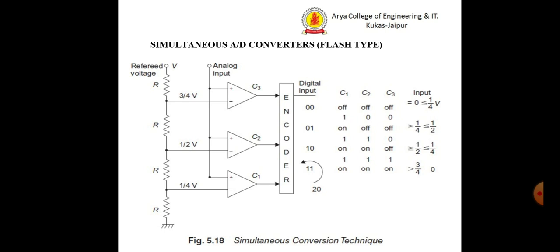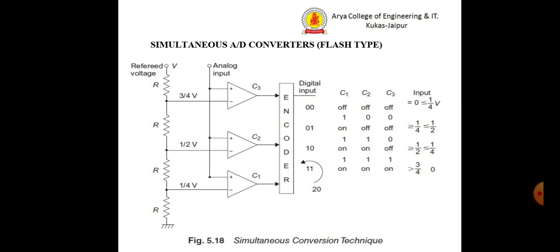A potential divider network provides 3 by 4 V, half V and 1 by 4 V to the respective comparators. The other input terminal of each comparator is driven by the unknown analog voltage, which has to be converted to its digital value.